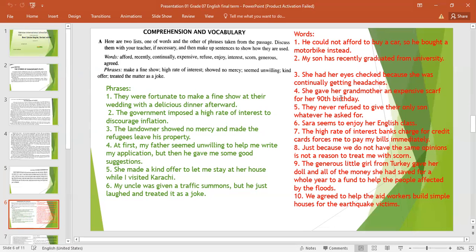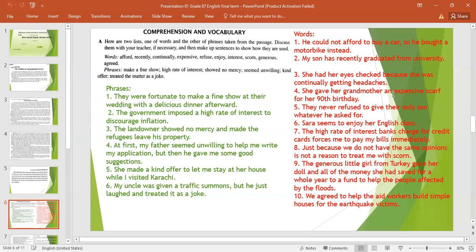She gave her grandmother an expensive scarf for her 90th birthday. So it was a present on her 90th birthday that she gave to her grandmother.